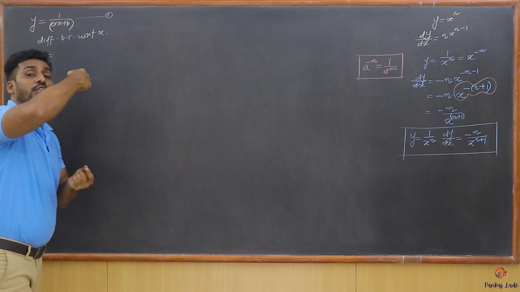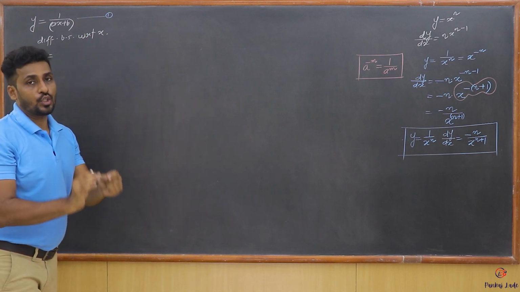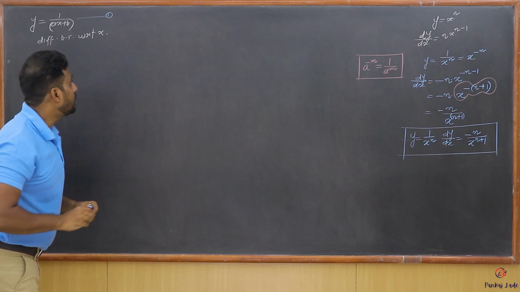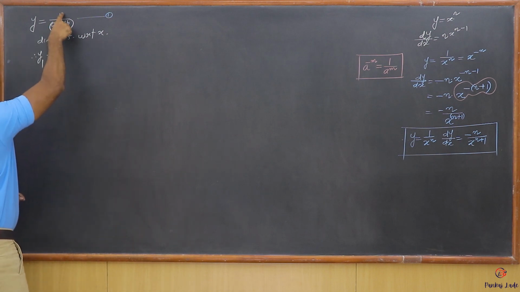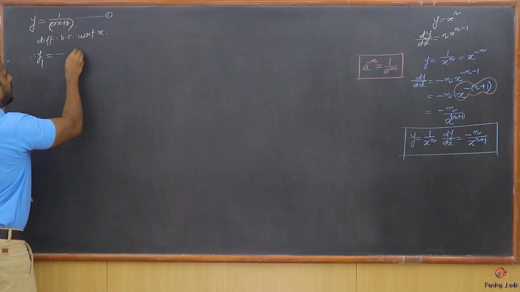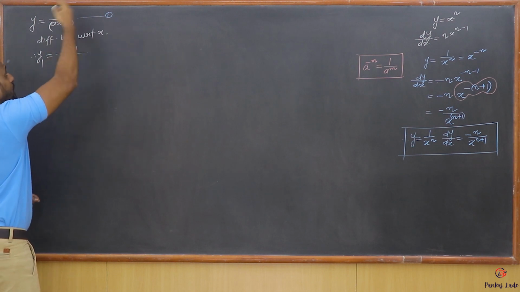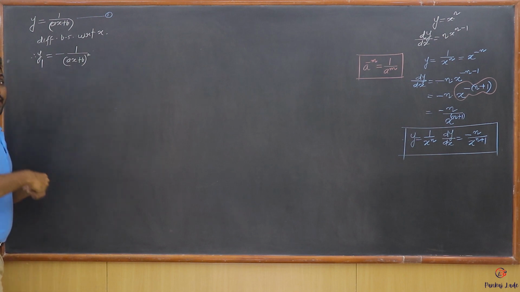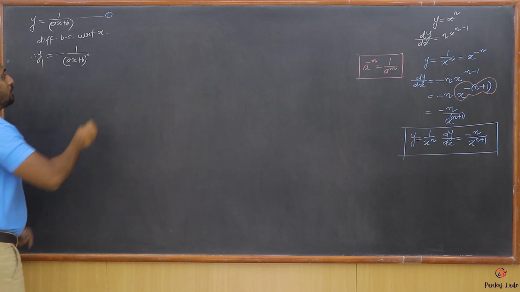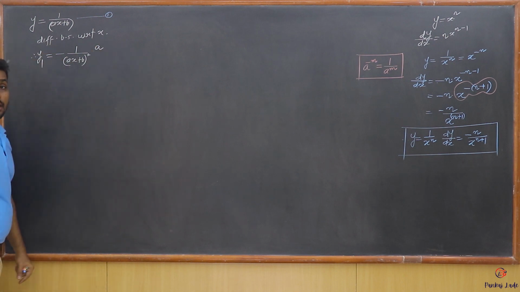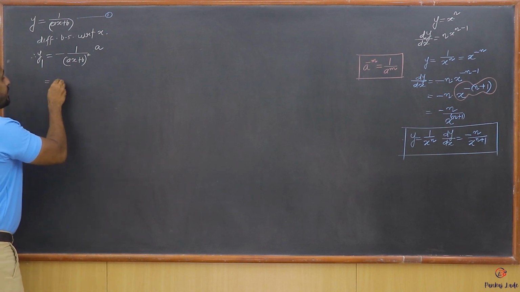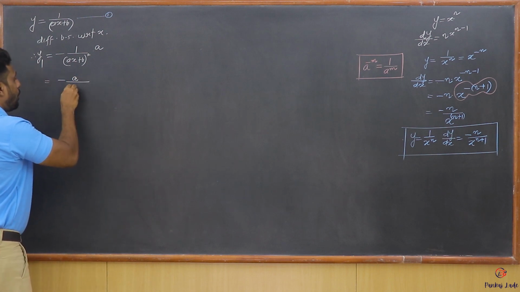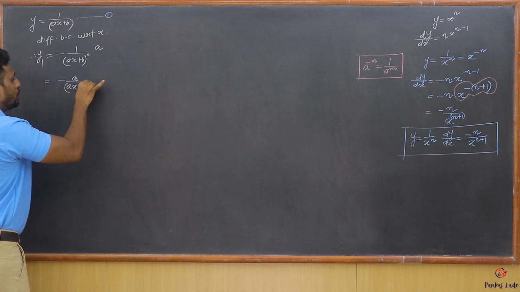So I should be differentiating it again using the concept of chain rule, or we say the composite function. So what is derivative of 1 upon x? It is minus 1 upon x square. So ax plus b square into the derivative of ax plus b, which is going to be a, isn't it? So actually I've got my derivative as minus a upon ax plus b, the whole square.